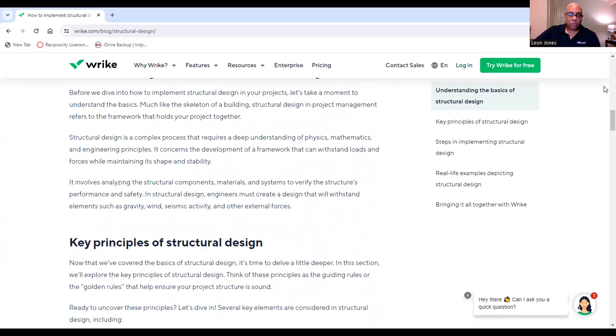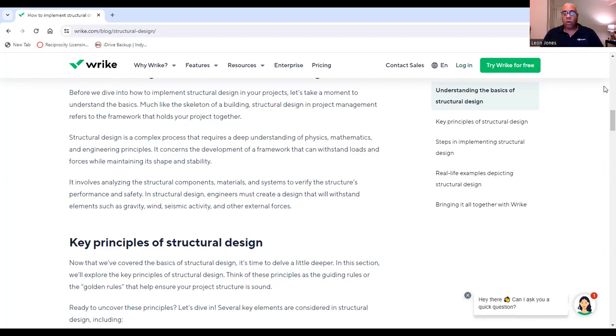So in project management or construction management, you'll understand how a building is put together. And you have to understand that structural design is a complex process that requires a deep understanding of physics, mathematics, and engineering principles, because it concerns the development of a framework that can withstand loads and forces while maintaining its shape and stability.